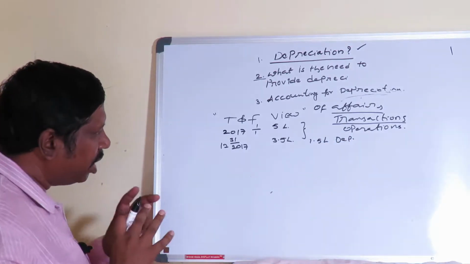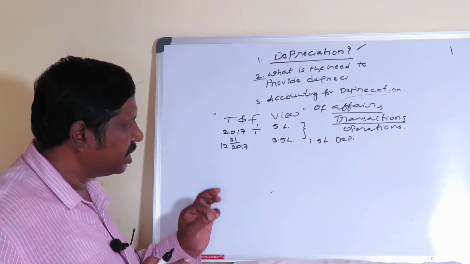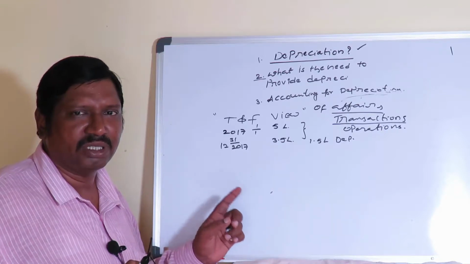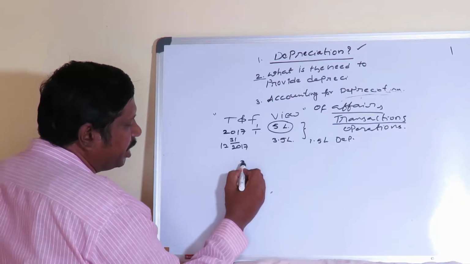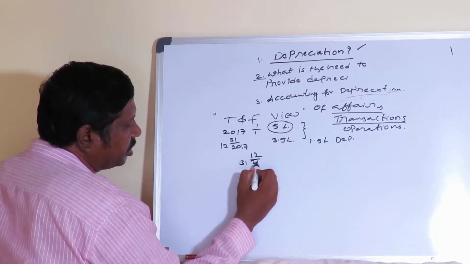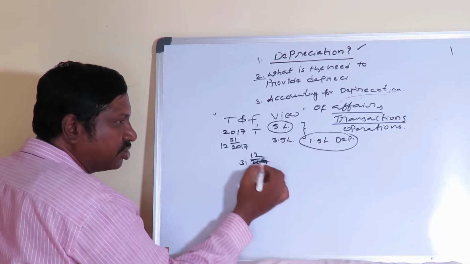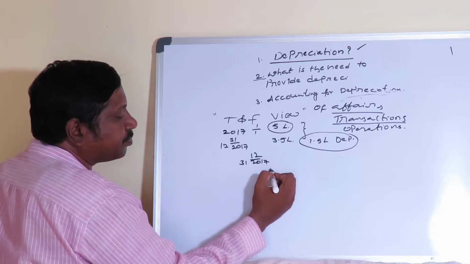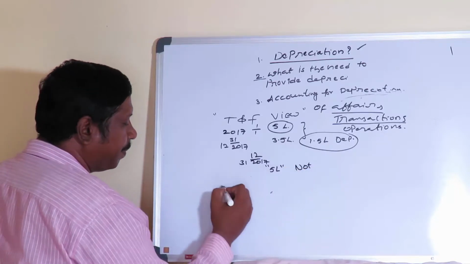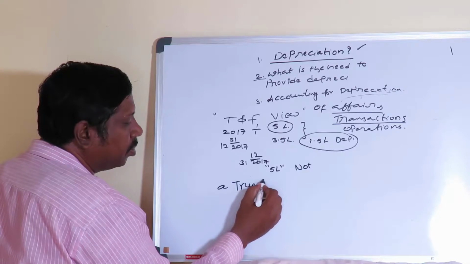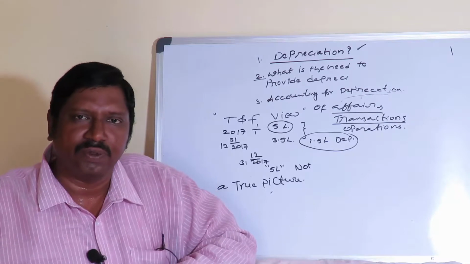If we do not provide this 1.5 lakh as depreciation in the books of accounts, and you prepare the balance sheet on 31st December 2017, the asset value will still show rupees 5 lakhs, which is not a true picture of your business.